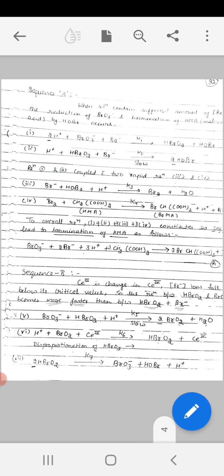In the next step, H+ ion plus BrO2 combine with cerium-3 with rate constant K6 and are converted into HBrO2 plus cerium-4.